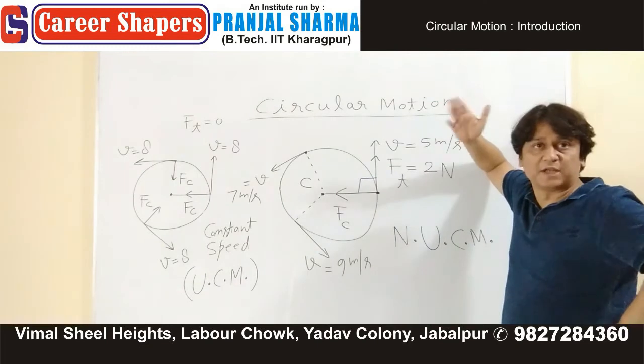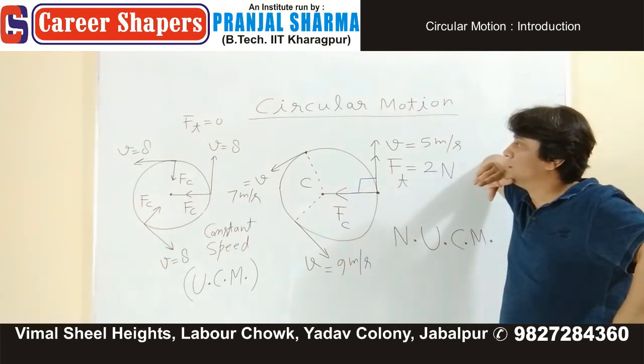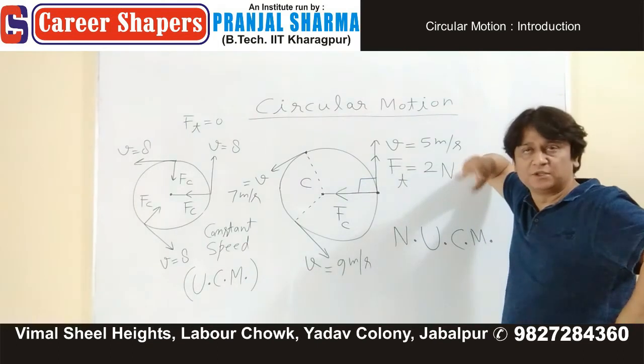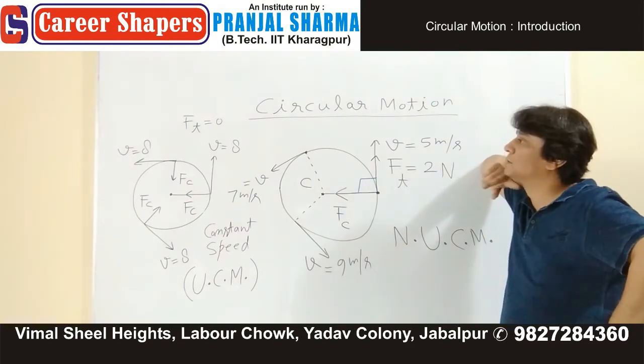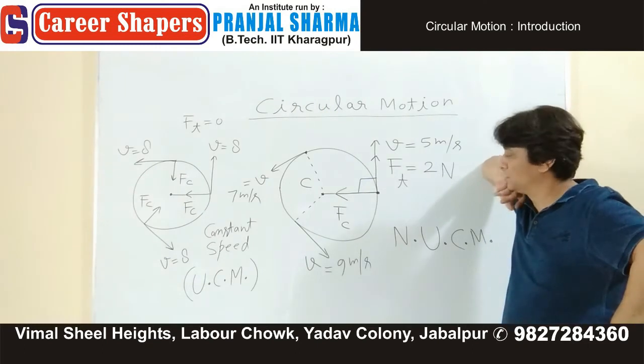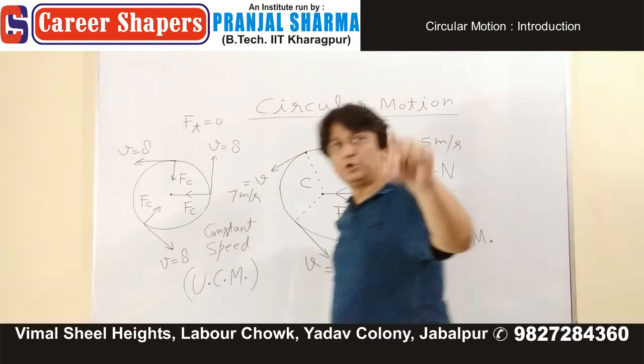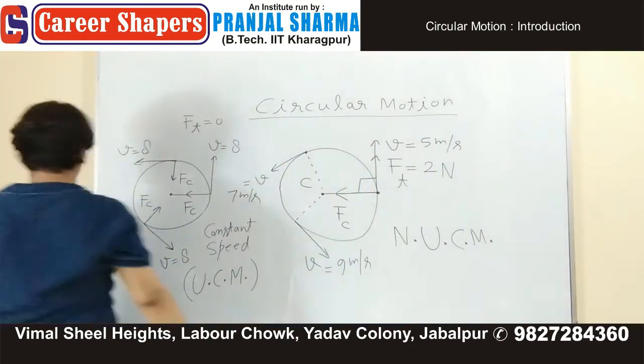If it is present, speed will change, which is called non-uniform circular motion.